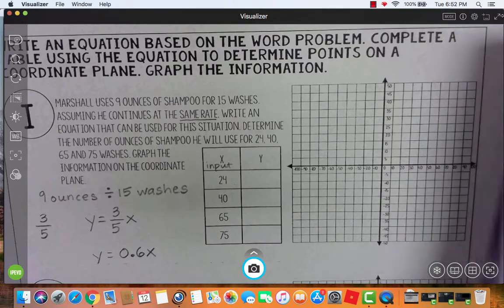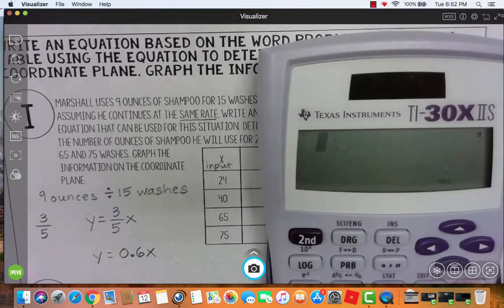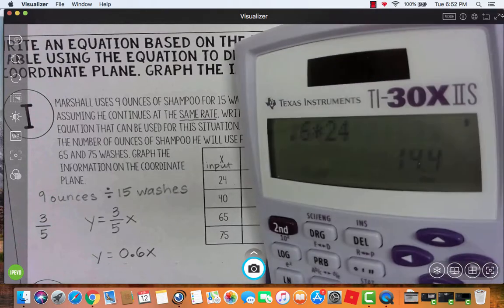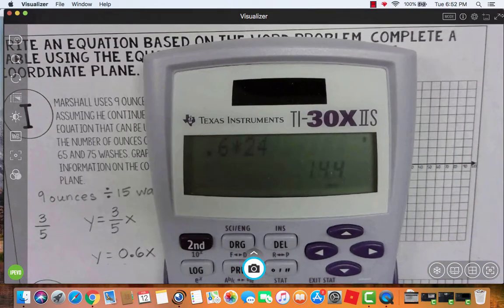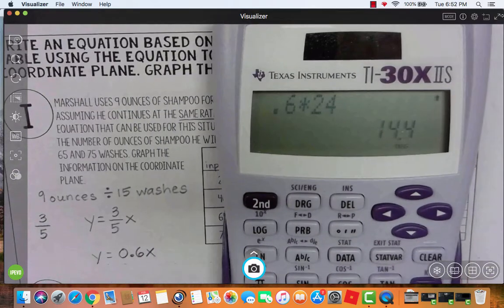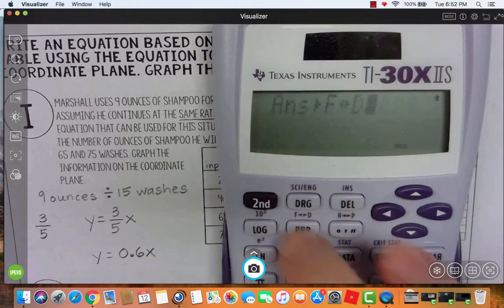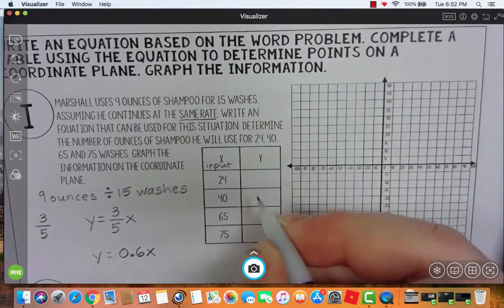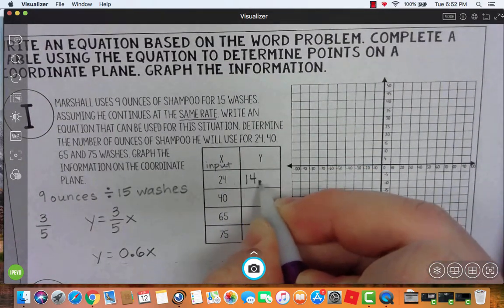So what you're going to do now is put in your calculator 0.6 times 24, 14.4. But in this, you could do 14.4, or you can put it back in a fraction again, 14 and 2/5. Either is fine. I might just stick with 14.4 here.